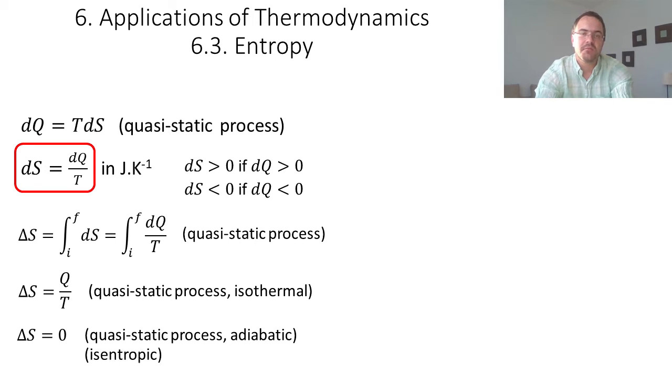And we call this also an isentropic process. Now, that's pretty much all you need to know. In the rest of this video, we will do a few examples where we calculate the change of entropy.